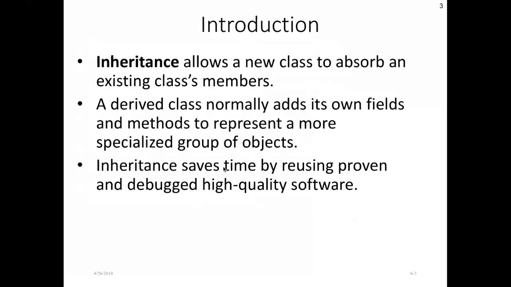In our life, we also inherit some properties, some attributes from our parents, from our grandparents, from our great-grandparents, right? As human beings, all natural human beings are born with two hands, two legs, two eyes, one head. How is it possible?